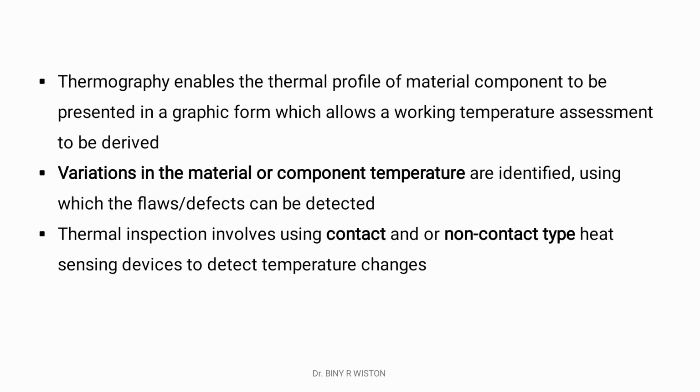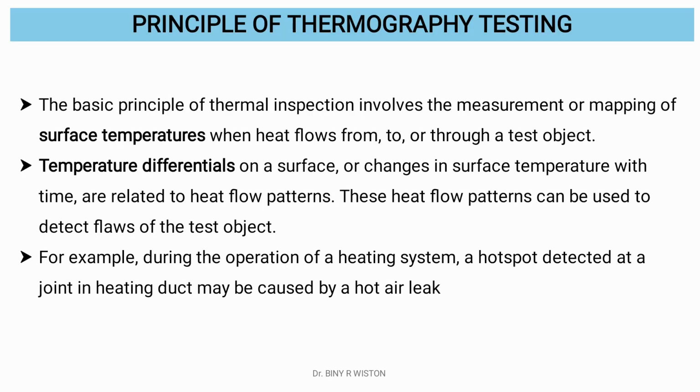Thermal inspection involves using contact and non-contact type heat sensing devices to detect temperature differences. The principle behind thermal inspection involves the measurement or mapping of surface temperature when heat flows from, to, or through a test object.